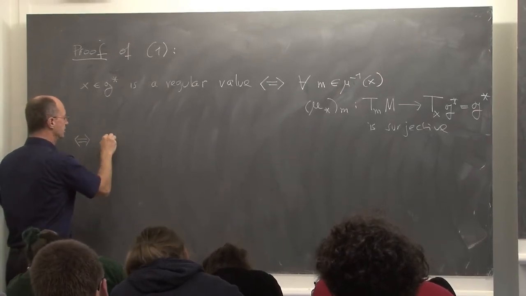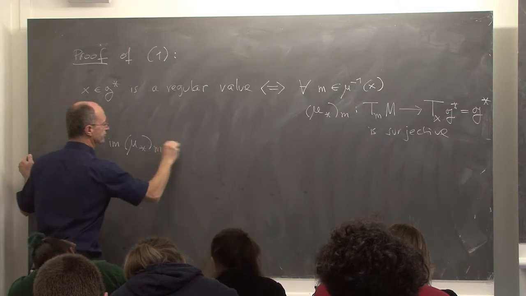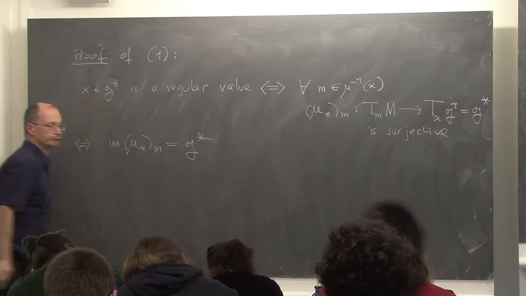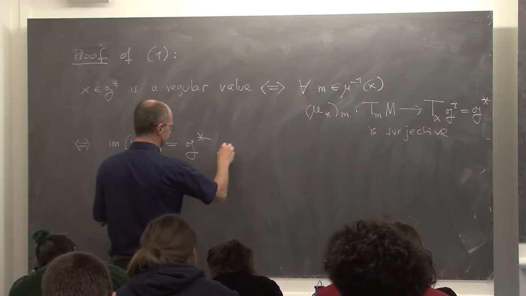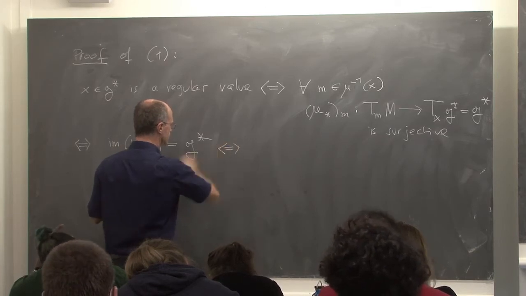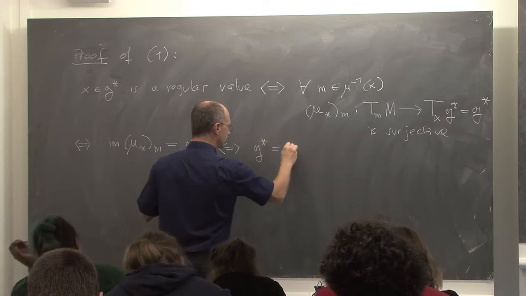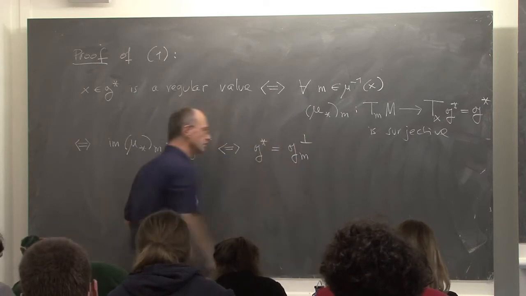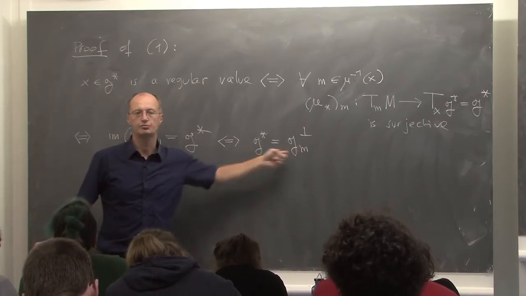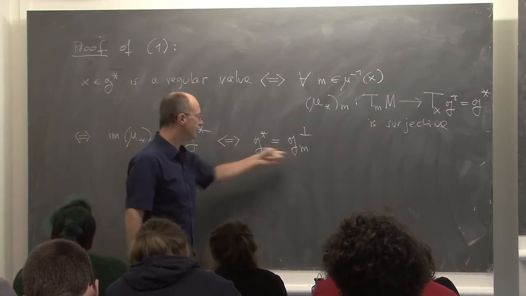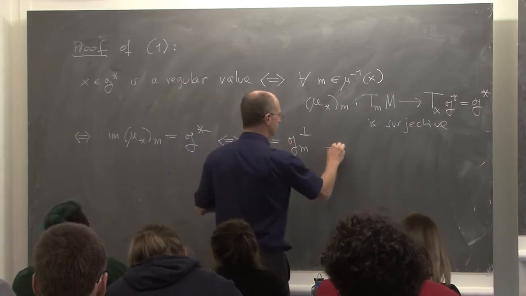So this means that the image of that map is just the space G star. So this means that G star is equal to GM perp, because we computed the image and the image was GM perp. Now, if GM perp is the full space G star, this means GM is 0.